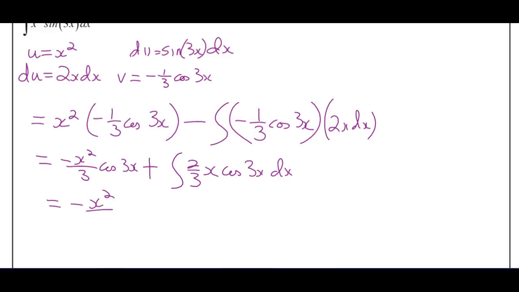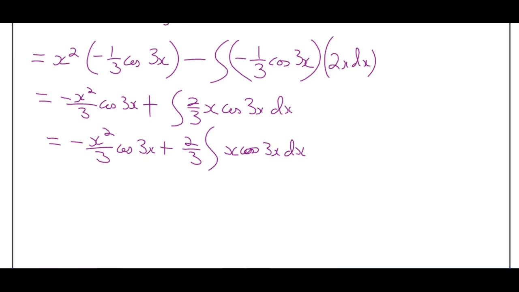Let's go negative x squared over 3 cos 3x plus 2/3 times the integral of x cos 3x dx. Okay, this is another product, right?